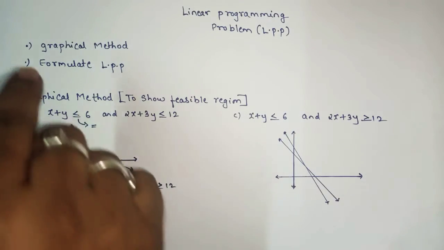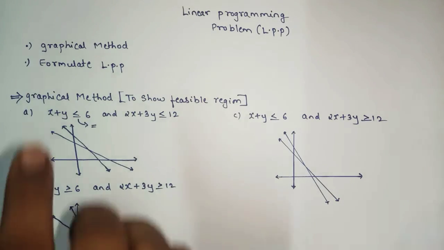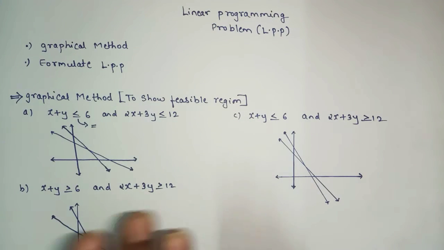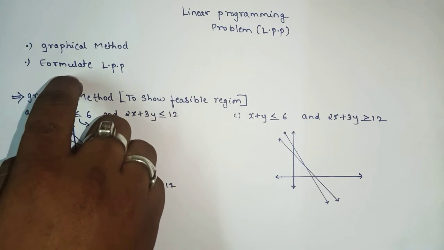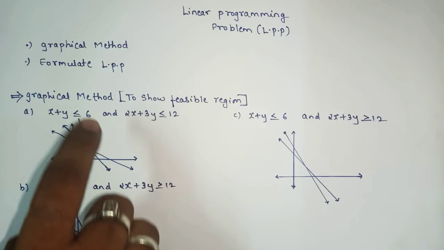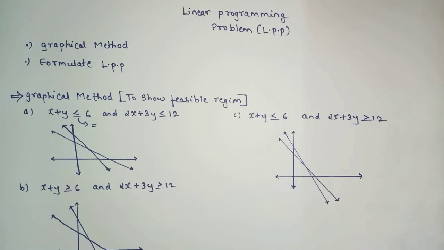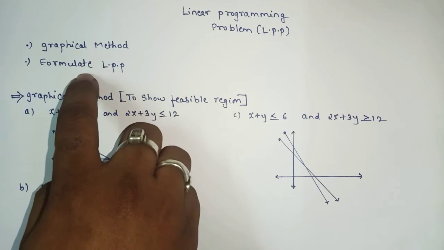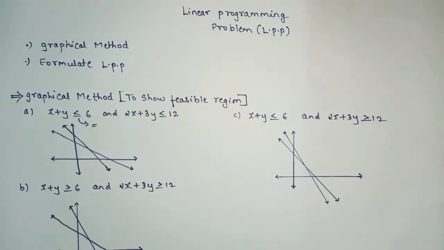That's it, that is formulate. If the question says you have to formulate as well as draw the graph, then you will frame the equation and then draw the graph also. So we'll divide this whole chapter into two types: type number 1 as graphical method and type number 2 as formulate the linear programming problem.